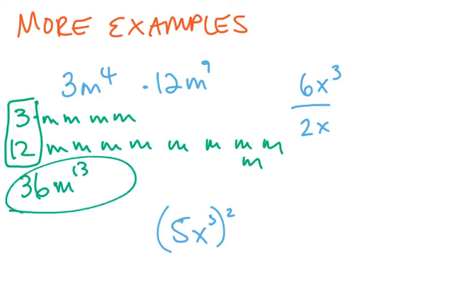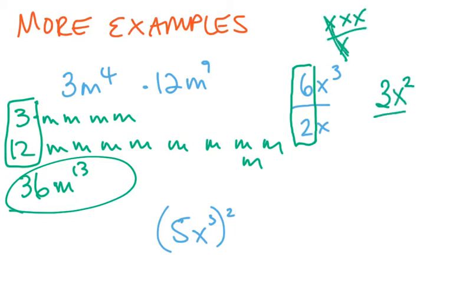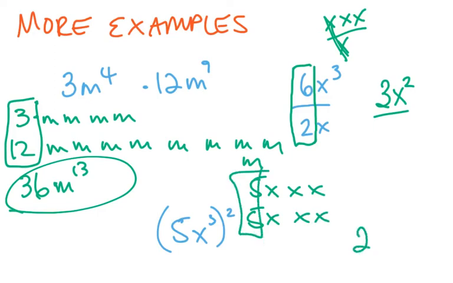This one's a little different. Remember, you're still going to use the operation for your numbers. So you're still going to do 6 divided by 2, which is 3. And then your x's, you have 3 x's on the top and 1 x on the bottom, giving you x squared. Last one, I've got 5 with 3 x's, and I have 2 sets of those. So multiply these, get 25, x to the 6th.